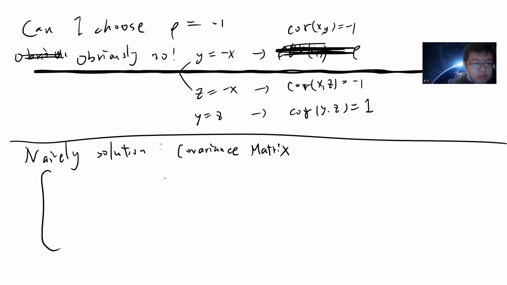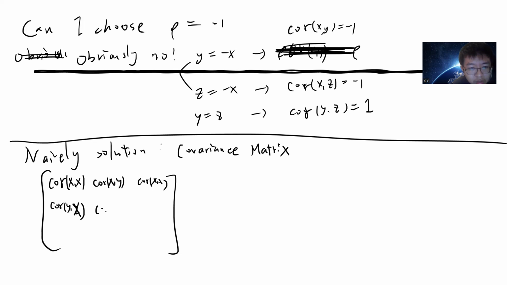You construct a matrix like this: correlation xx, correlation xy, correlation xz; correlation yx, correlation yy, correlation yz; and correlation zx, correlation zy, correlation zz.